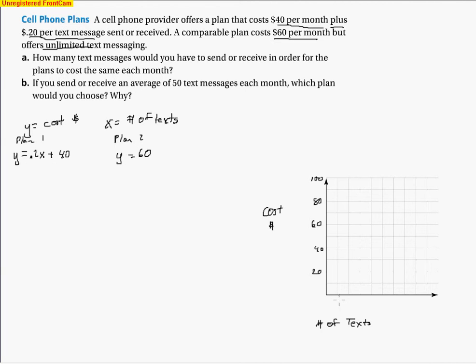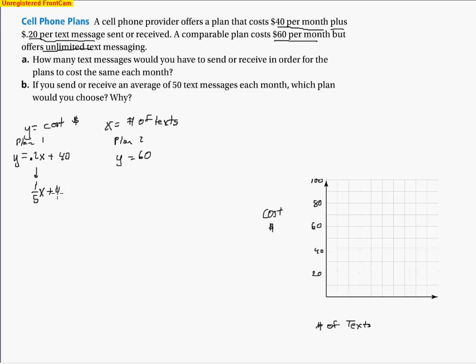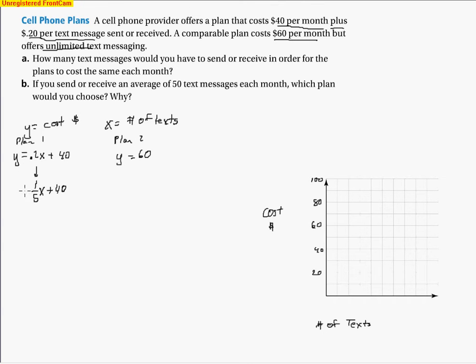And how about for number of texts? Let's find out what I need here. So let's go ahead and we're going to start by, if I end up looking just at this 20 cents, 2/10 is the same thing as saying 1/5. 1/5 x plus 40. And so just by looking at that, if I wanted to find out how much until they're the same, I'm going to go ahead and put 60 right here, because that would end up being the same amount.